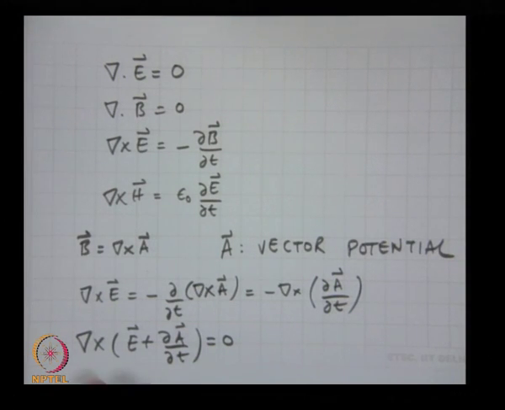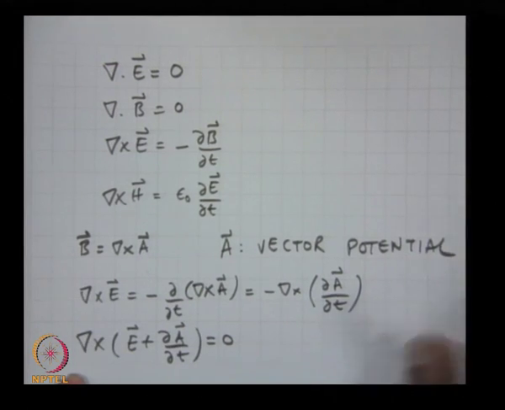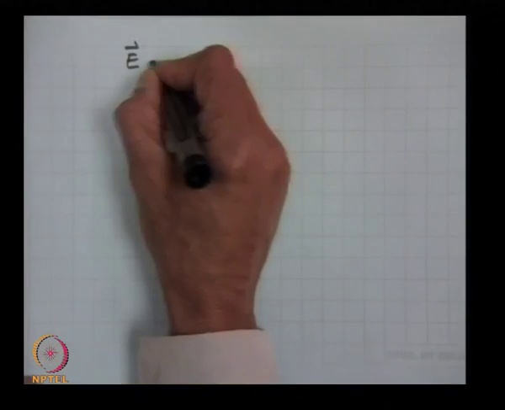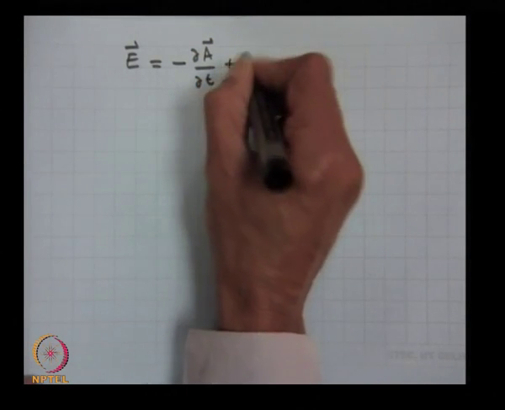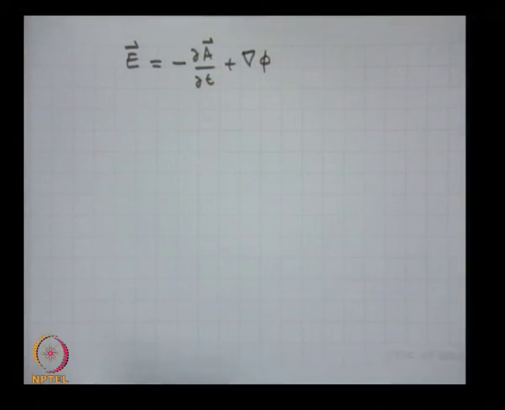So what does this imply? E plus del A by del t must be gradient of a scalar. So E must be equal to minus del A by del t plus gradient of a scalar function.